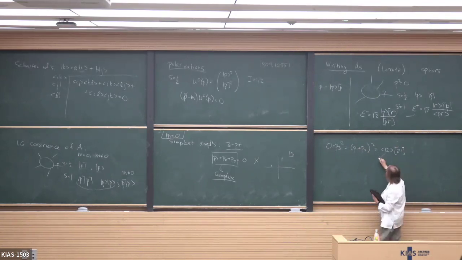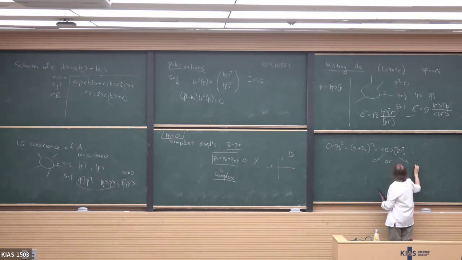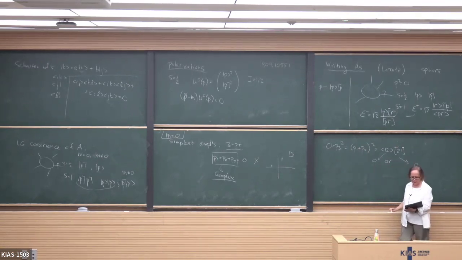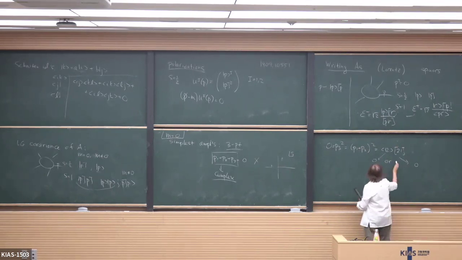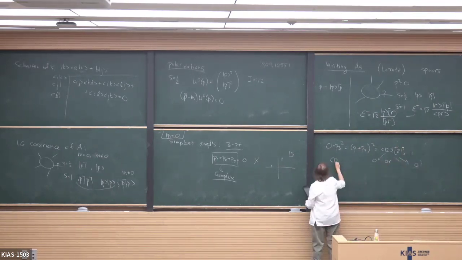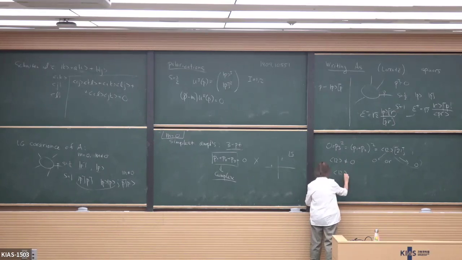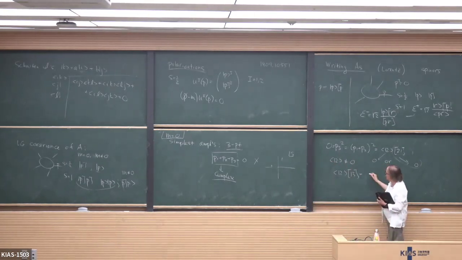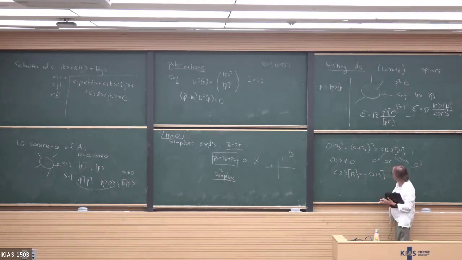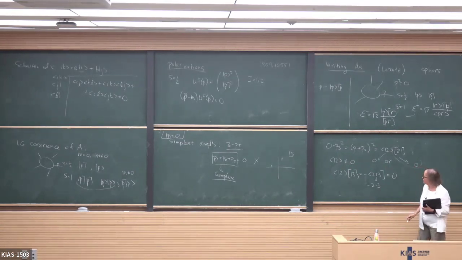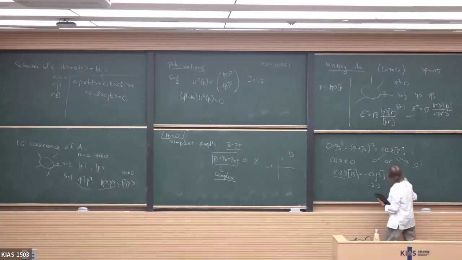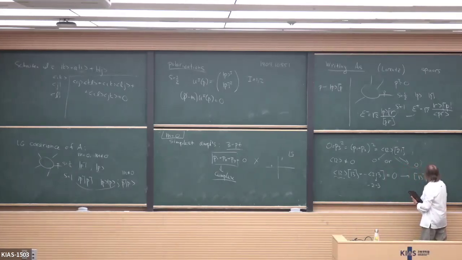That tells me that either this is 0 or this is 0. Let's imagine that this one is 0, so ⟨12⟩ is non-zero. Now I can look, for example, at ⟨12⟩[13]... actually [1 2]⟨13⟩, which I can write as minus ⟨2|1|3]. Now I can use momentum conservation to write 1 is minus 2 minus 3, so this is also 0. Since I assume that ⟨12⟩ is non-zero, this says that ⟨13⟩ is 0.